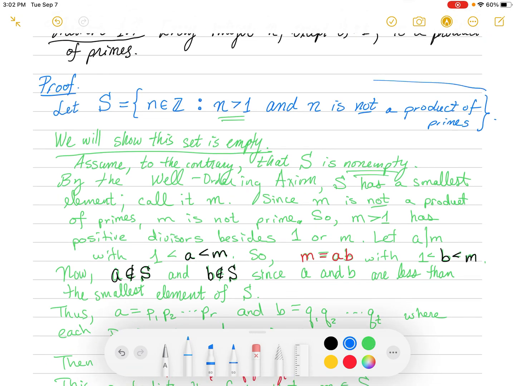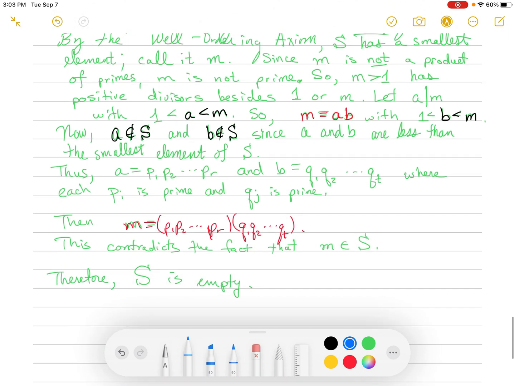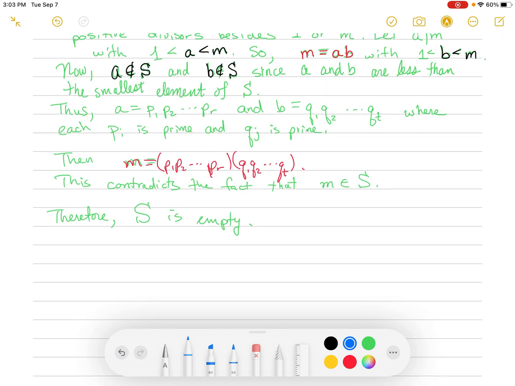So what does that mean if S is empty? Well, that means there are no positive integers greater than 1 that are not products of primes. In other words, every integer greater than 1 is a product of primes. So hence, each integer n greater than 1 is a product of primes.